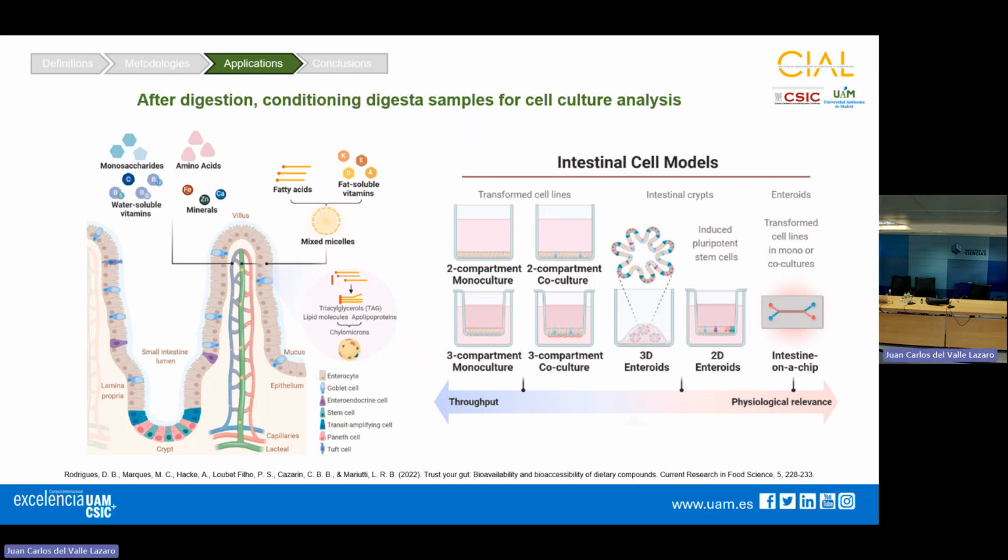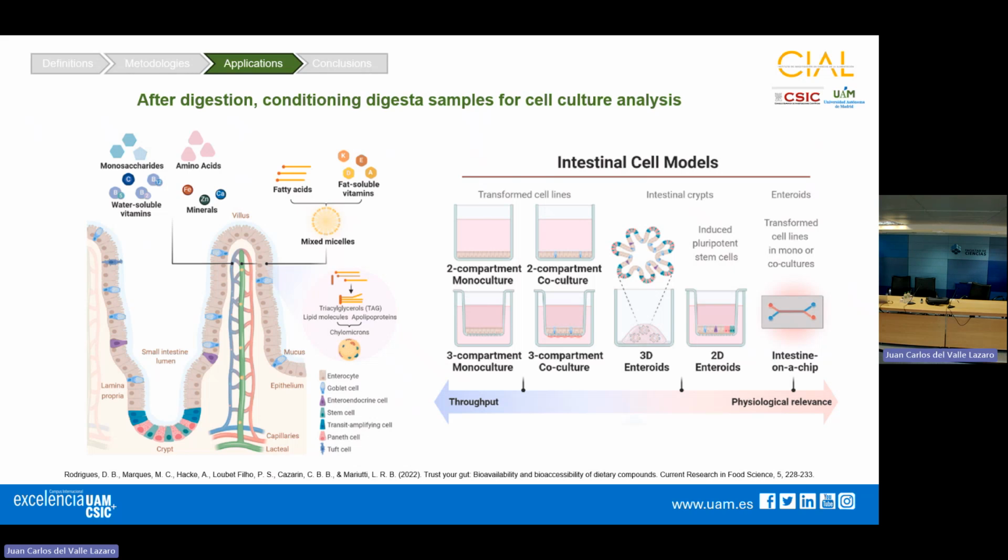What we want to mimic in the lab is the intestinal barrier, which is similar to what you can see here, but you have microvilli, and it's, of course, a complex tissue. And in the lab, we are able nowadays, depending on the option, to run it in a 2-compartment monoculture option, or more complex using a 3-compartment monoculture or even co-culture using special plates we're going to see now.